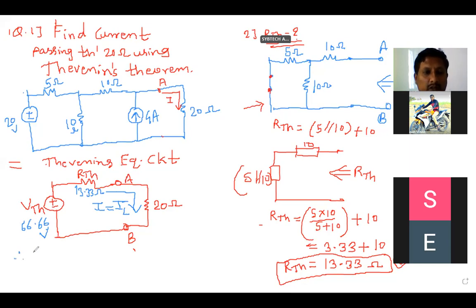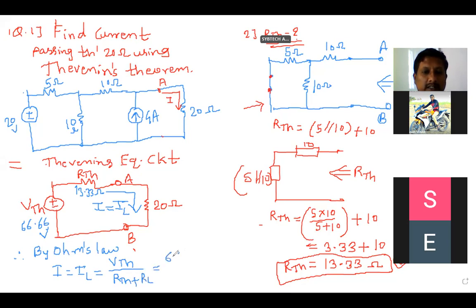Now the question is how to find out the current IL which is passing through 20 ohm. By which method can we find out? Ohm's law. Yes, by simple Ohm's law. The current I is equal to IL is equal to total voltage VTH divided by RTH plus RL.